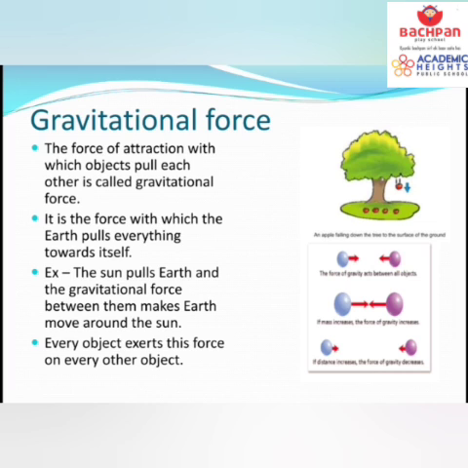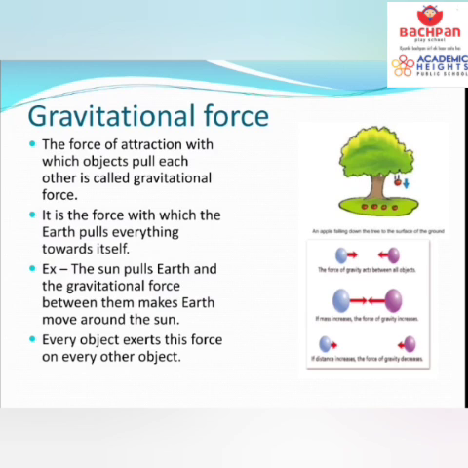And as an example, you can see the sun pulls earth, and the gravitational force between them makes earth move around the sun. Earth has gravitational force, and due to that gravitational force it revolves around the sun. So a force that acts on you and all the objects around you all the time is known as gravitational force.